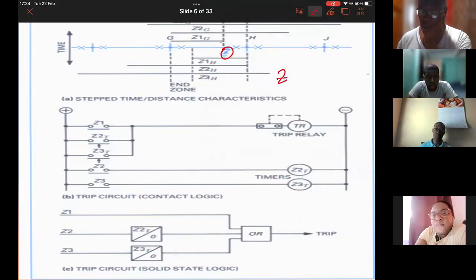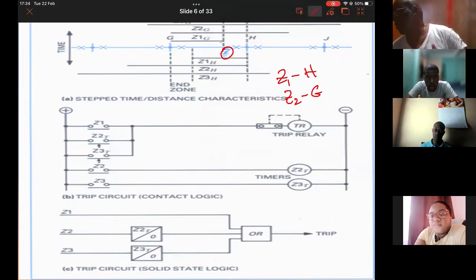It is zone 1 for H, but it is zone 2 for G. And that is the problem we are trying to solve. We're going to try and solve it in the next hour or so. All right? I will look at all these systems. So you have some notes there, but as I go along, we will say things that you will want to make your own jottings.